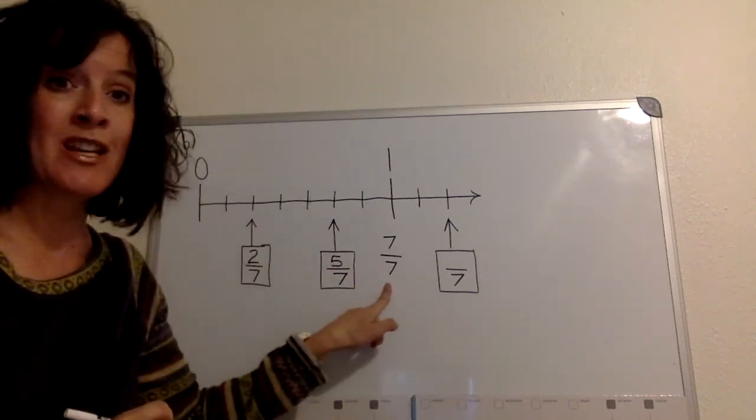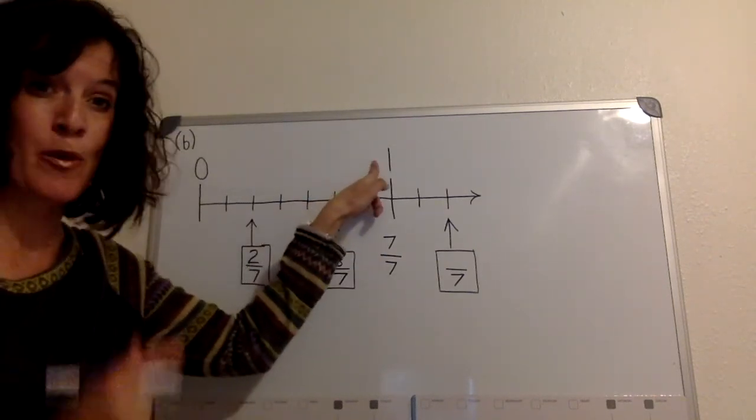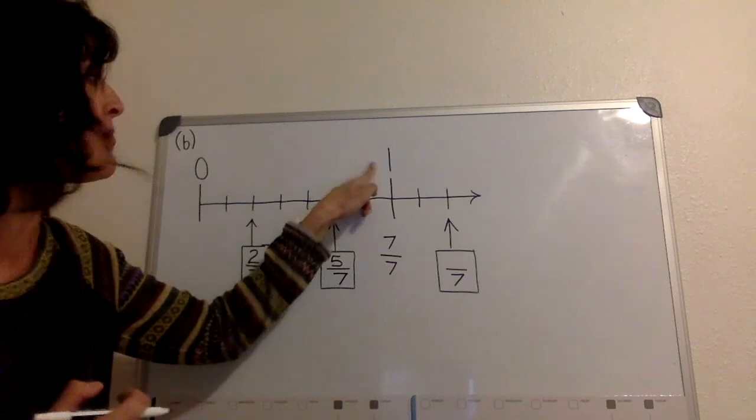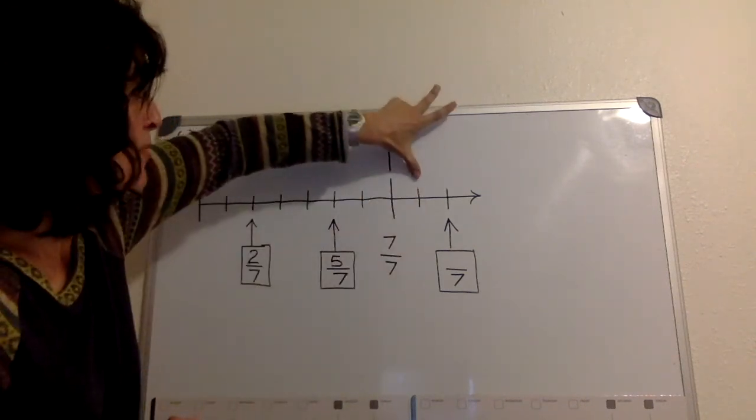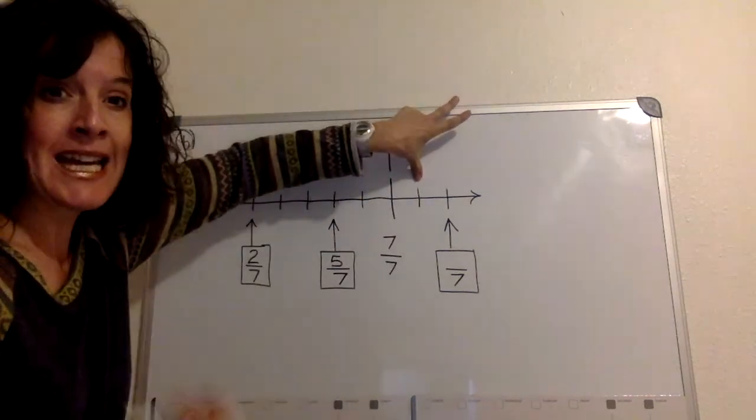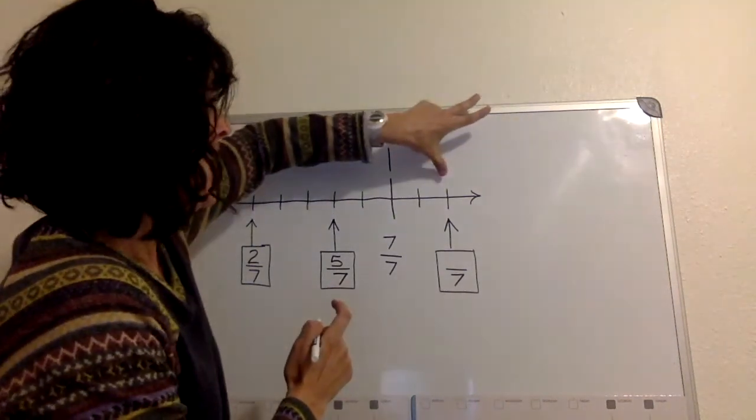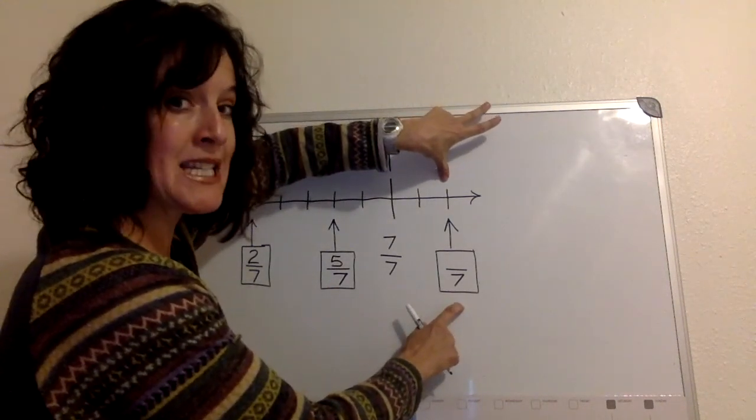And of course, we know that that equals 1. That's where we're at on the number line, number 1. This, if we kept going, is going to be 8/7. And then our next one is 9/7.